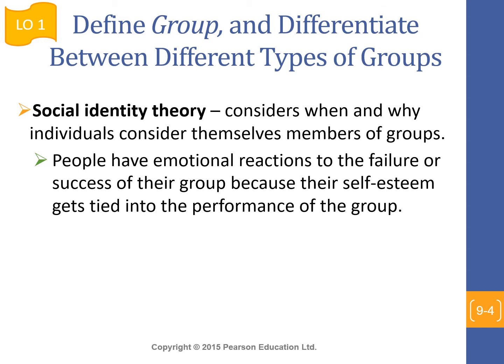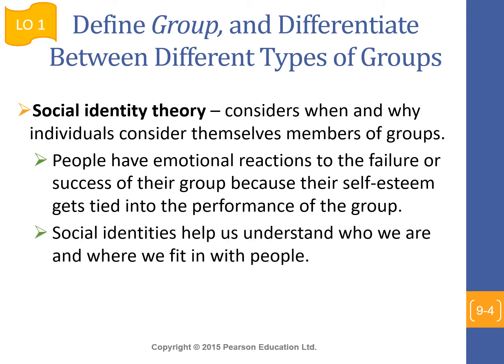Okay, so social identities will help us to understand who we are and where we fit in with people, because we won't easily go for any groups, but we are going to go for groups that have common things that we can share with. If not, then we're not going to blend in into that group.